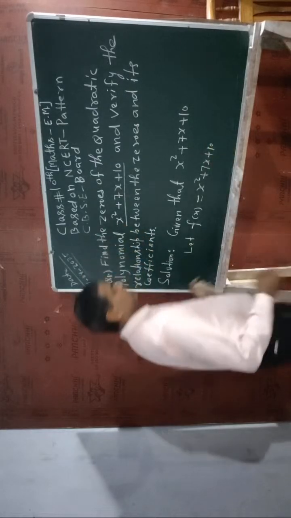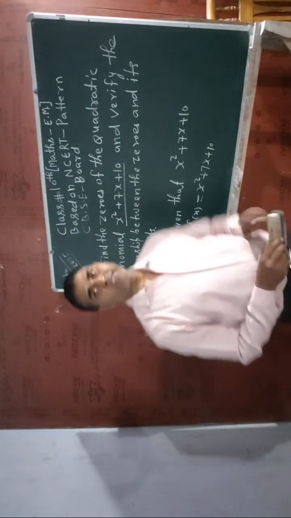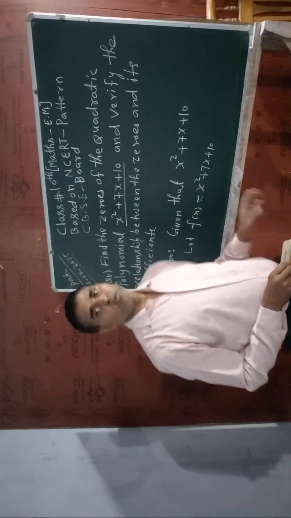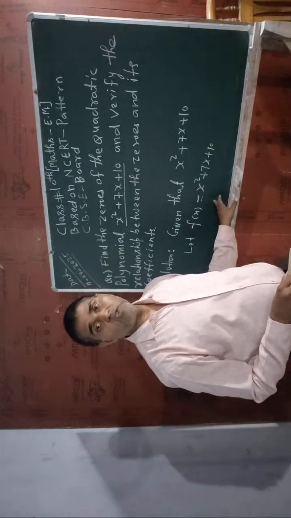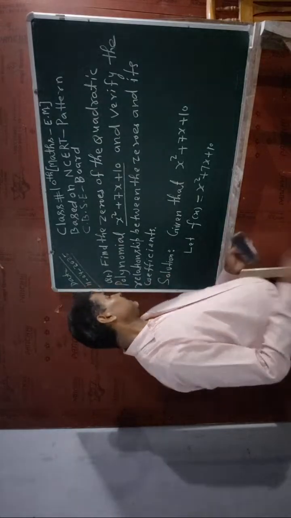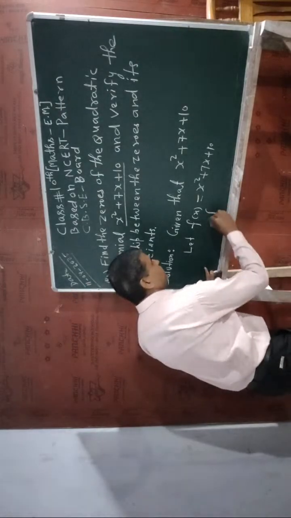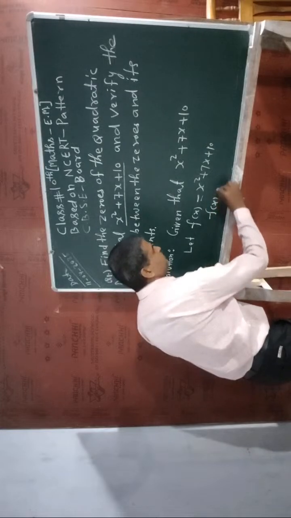Now we have to get the zeros of this quadratic polynomial. To get the zeros, I will put f(x) equal to 0.